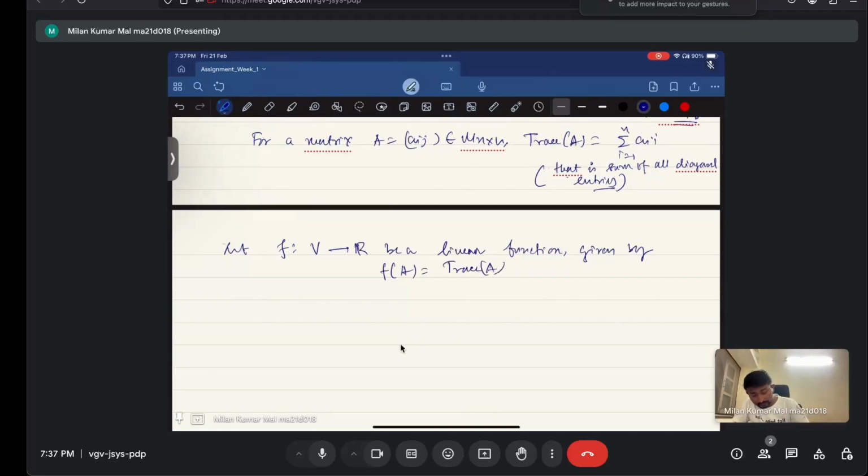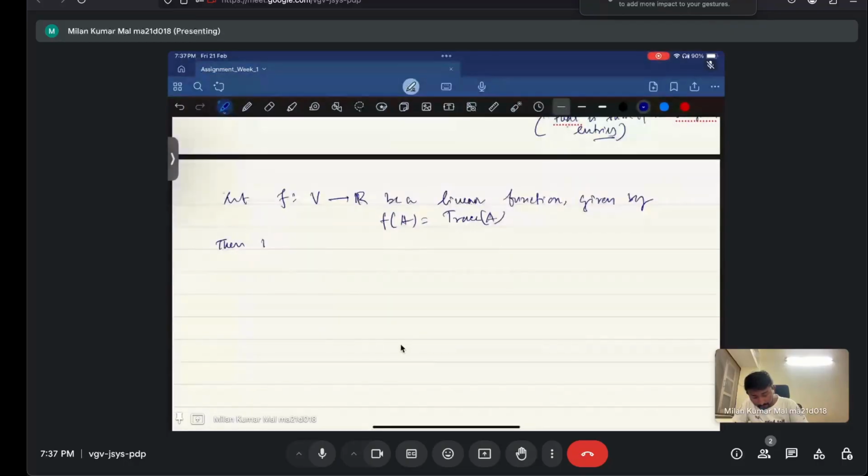Then by definition, T transpose of f at A is equal to f of T(A), right?